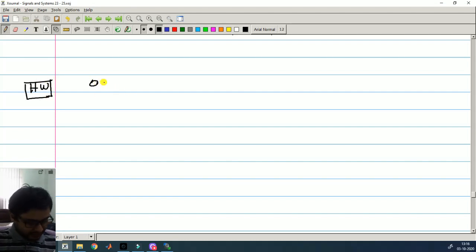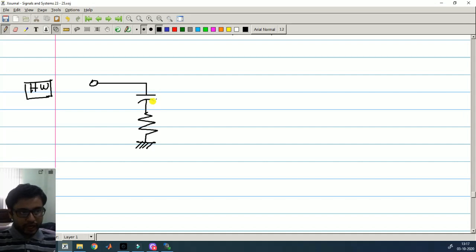Take this circuit where you have a capacitor and a resistor. This end is grounded. Here the input is V in(t), and from here we will measure the voltage. This is our output, V out(t).